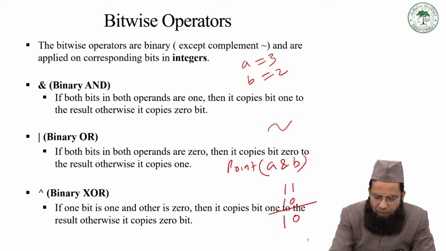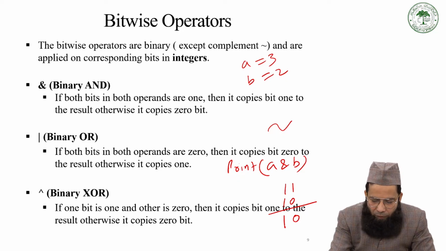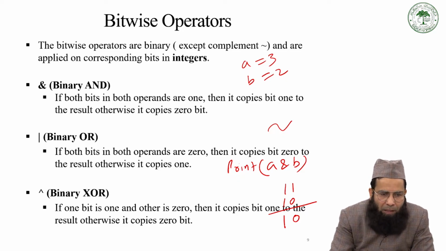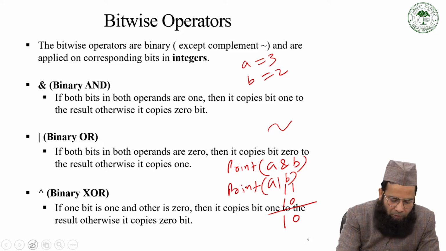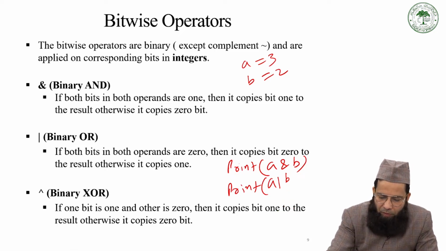If I am using OR instead of AND, then suppose I am printing A or B. So what would be the value? Let me erase all of this.